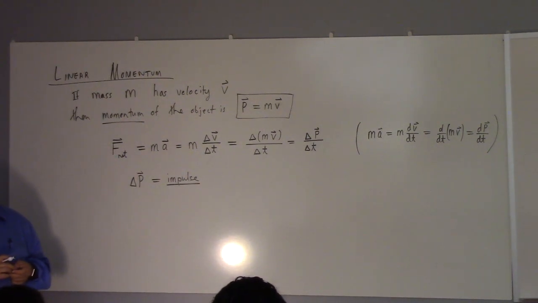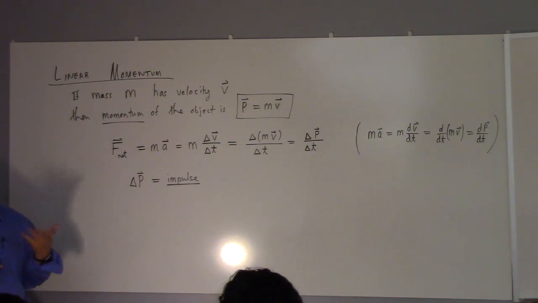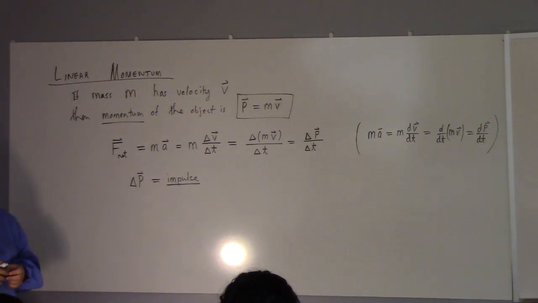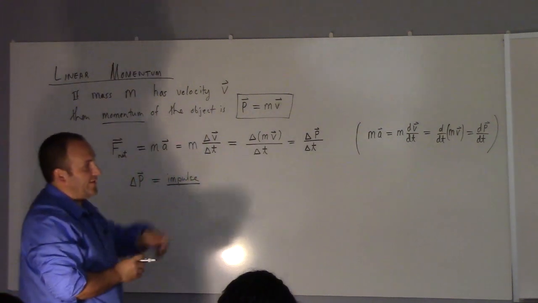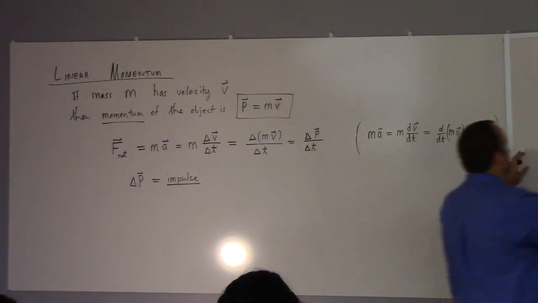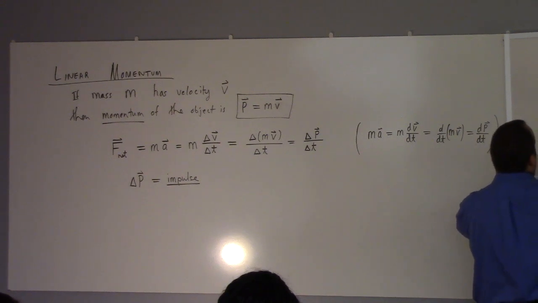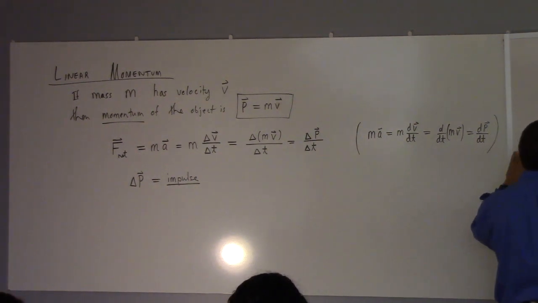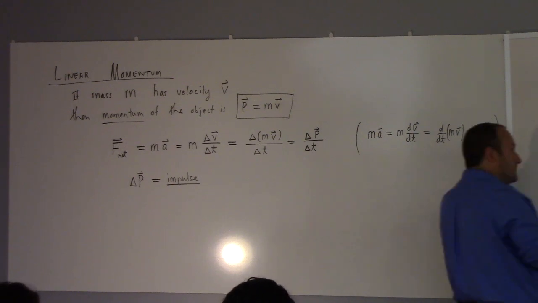Momentum is additive, like the net momentum is the vector sum of all the momenta of the particles that comprise the system that we're thinking about. In this case, a system with two masses. And by the way, it's still true for two masses that the net force is equal to the change in momentum over the change in time. All right?